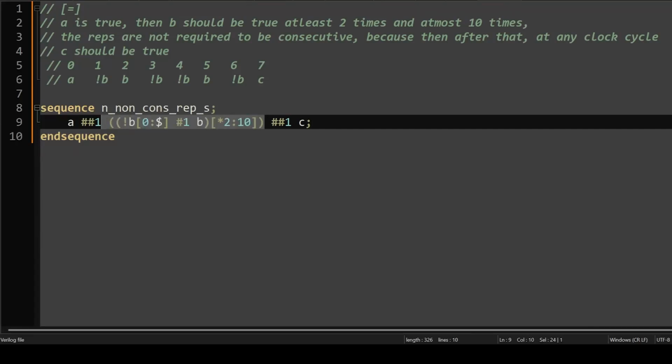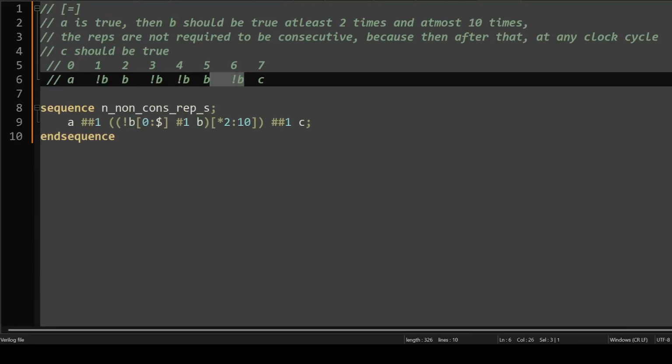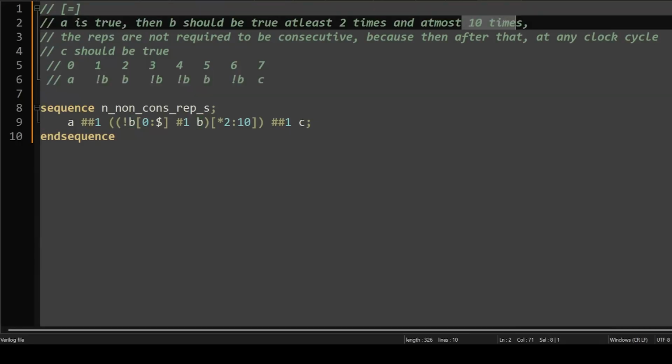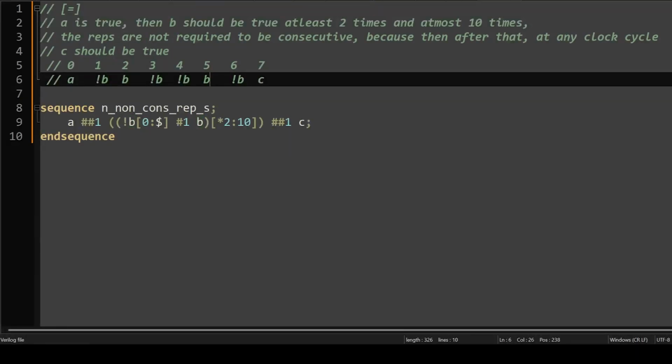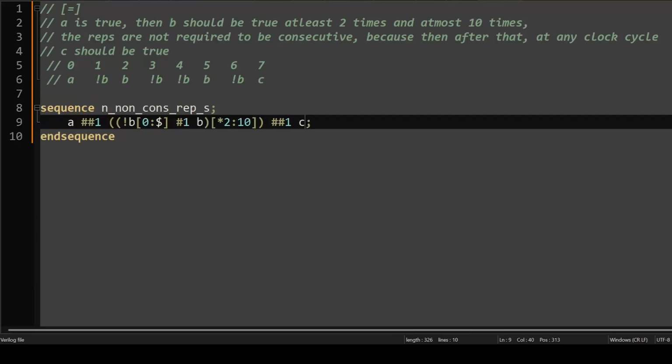Remember, there is also an upper bound, and the upper bound is 10 times. So if this pattern is detected and C is true after the 11th true B, then the assertion fails. Right after we detect the 11th true B, the assertion automatically fails. So C should be true within 10 asserted B's.